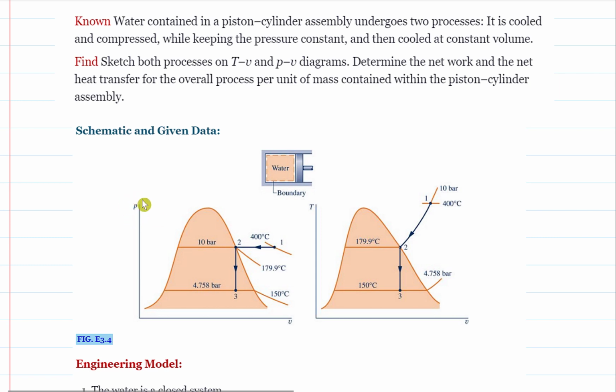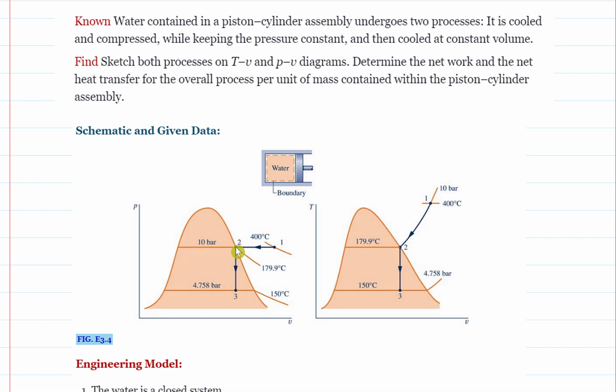So this is y-axis, representing pressure. So state 1 to 2 moves along the horizontal line. And state 2 is saturated vapor state. Quality is 1. So it lies on the saturated vapor line. So state 2 is here.